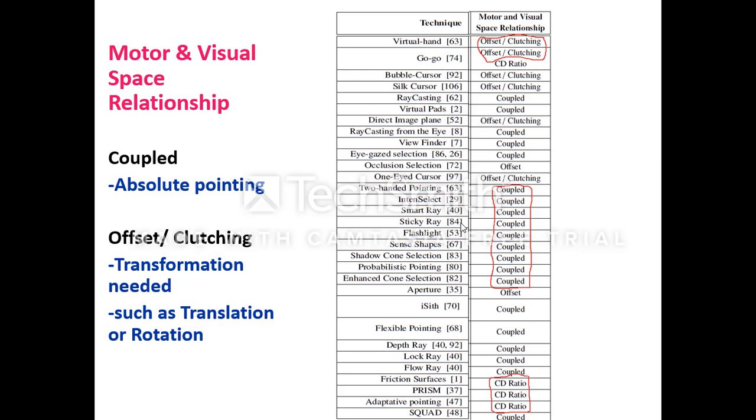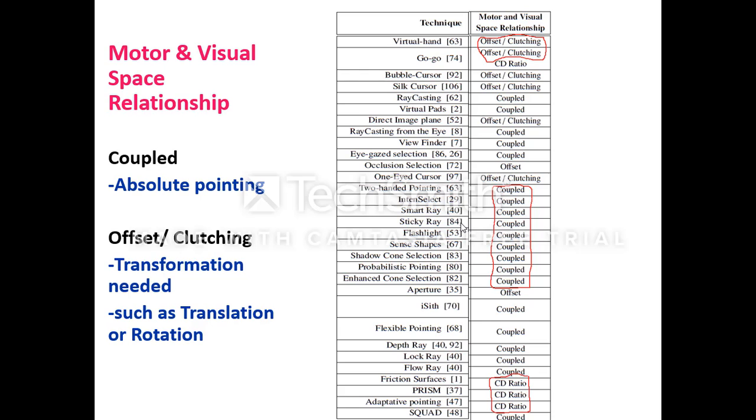They can be coupled, like in the virtual hand technique, where your visual space is exactly your motor space, so absolute pointing can be accomplished. Or they can be decoupled, such as in the go-go technique, where there is a constant offset.